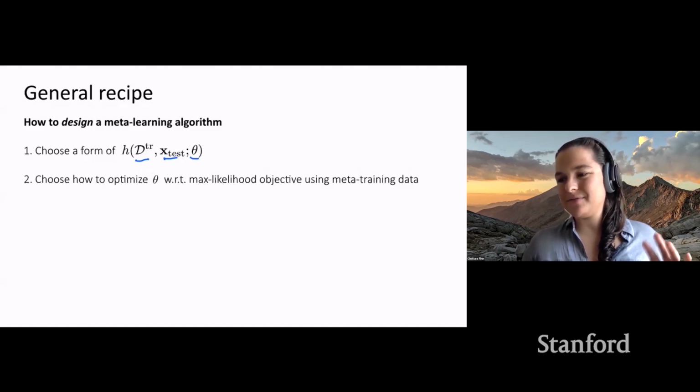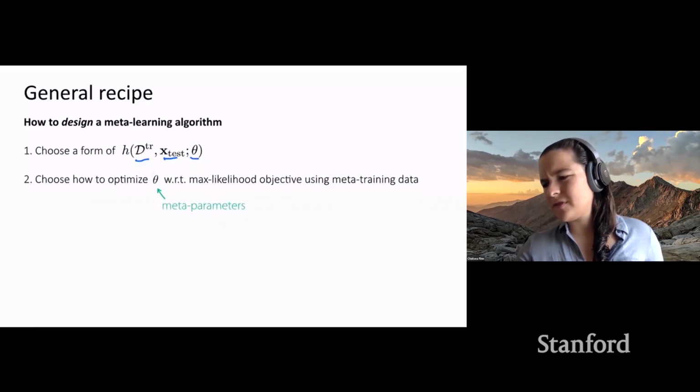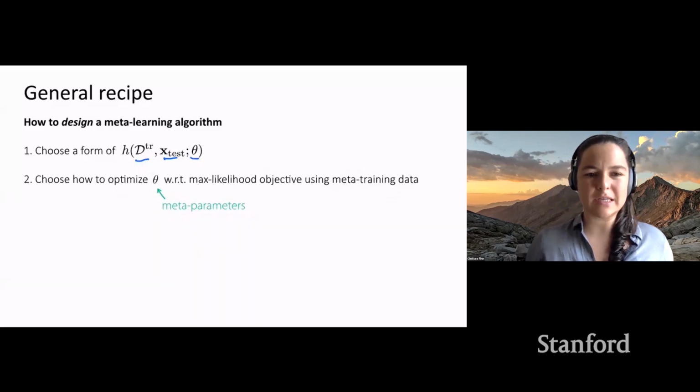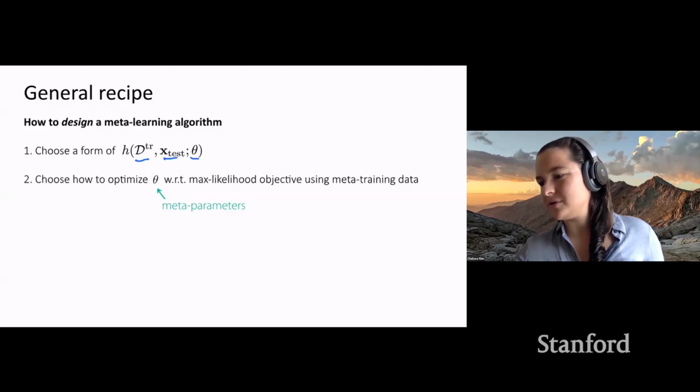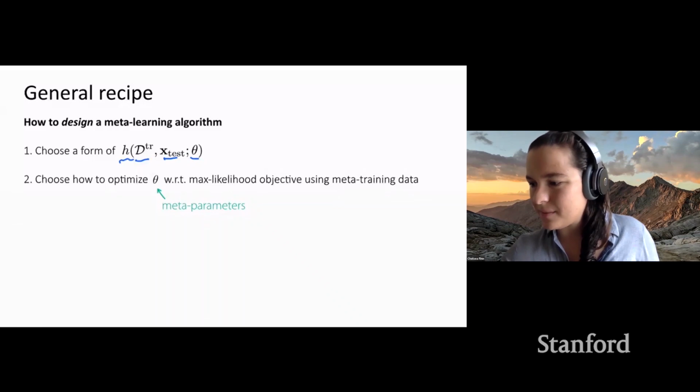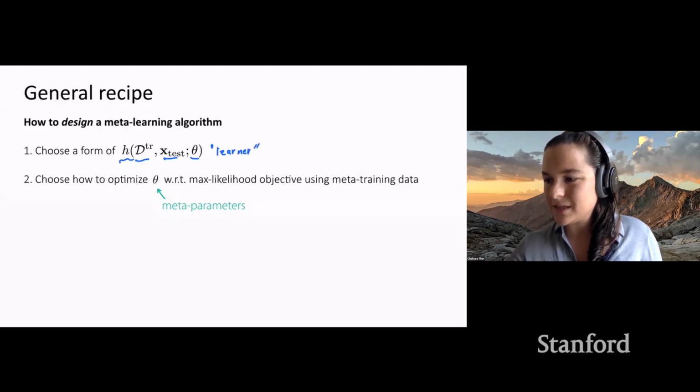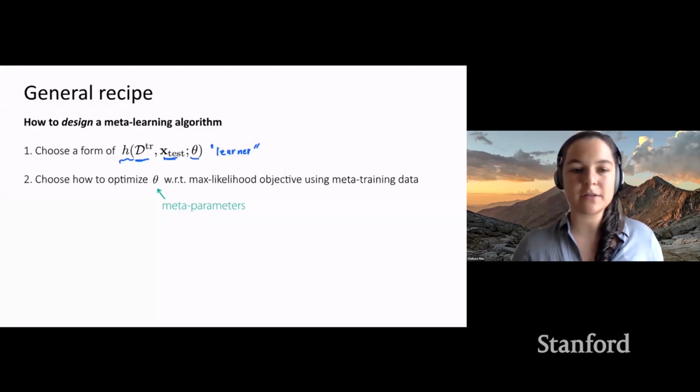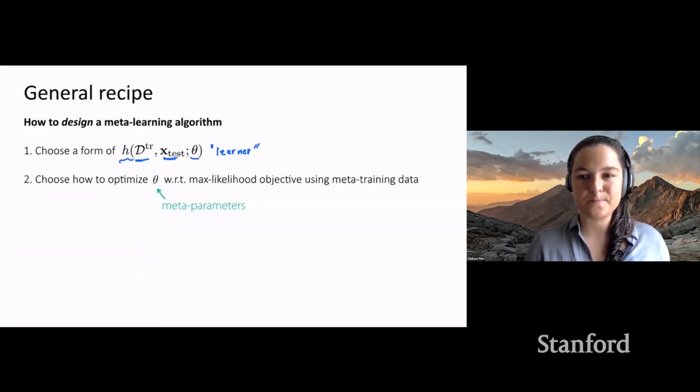So this is the general recipe for meta-learning algorithms. We'll refer to theta as the meta-parameters, in the sense that they're the parameters of this learner. And this function we'll often refer to as the learner, in the sense that it's learning something from a data set and applying what it's learned to predict the label for X test.